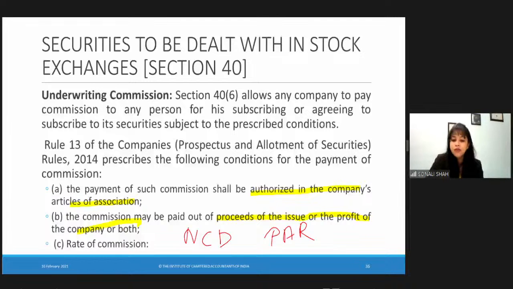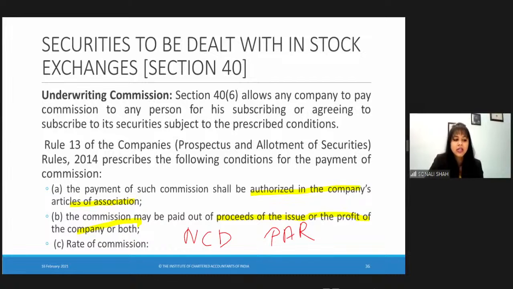P stands for the payment. The payment for the underwriting commission is made out of profit or the proceeds. So P stands for paid out of profit or proceeds. A stands for authorized by AOA. So there has to be an authorization in the articles of association. And R stands for rate. For shares, it is 5% or the amount mentioned in the AOA, whichever is lower.